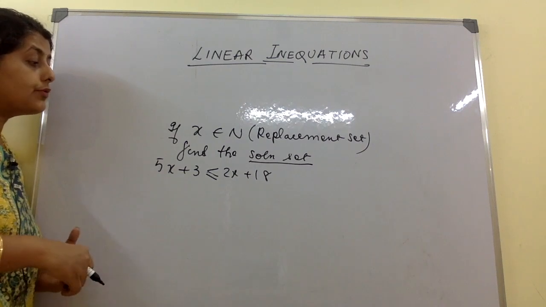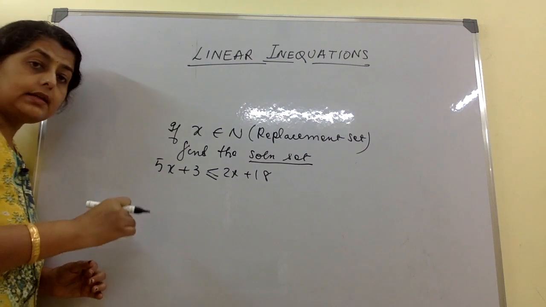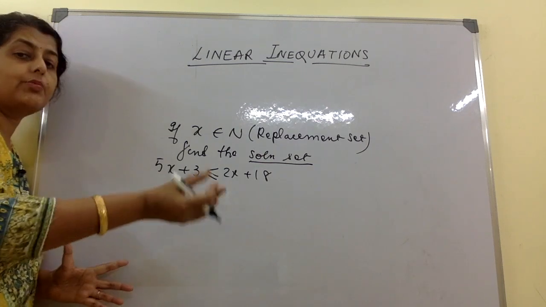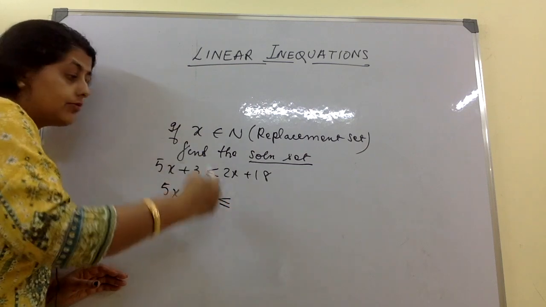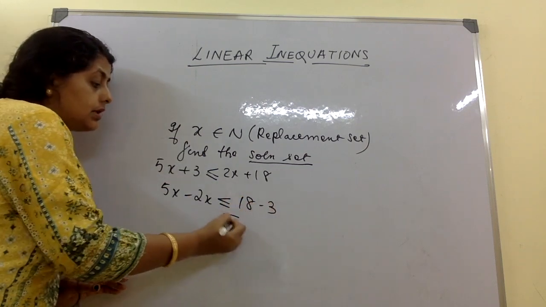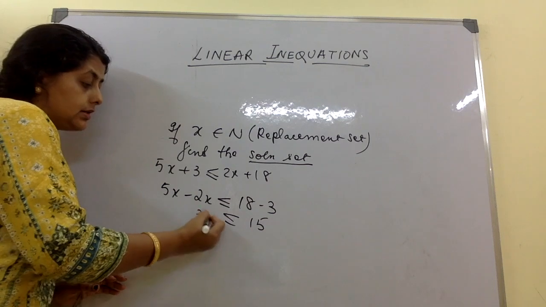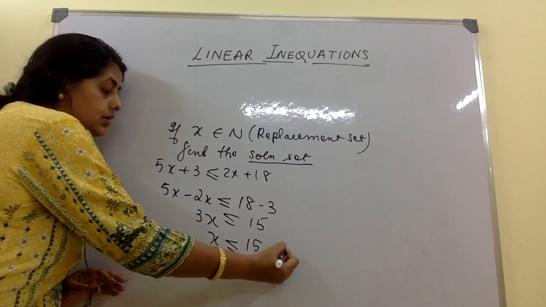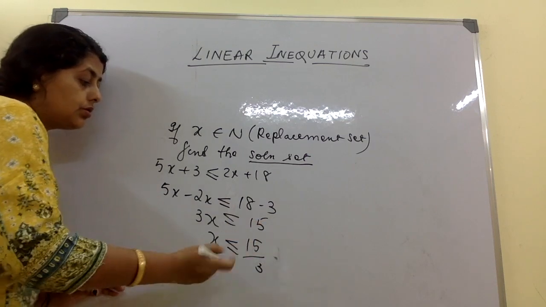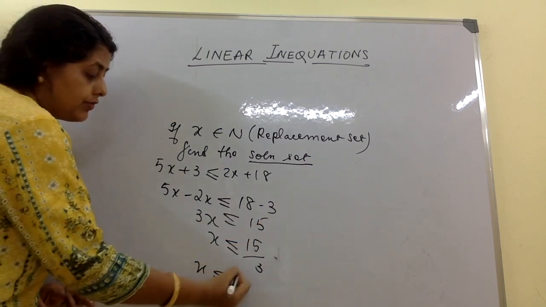So first thing is we will treat this exactly like a linear equation, which means we'll bring all x's to one side. This is what we were doing for linear equations. 18 minus 3 is 15, and this side is 3x. Now 15 by 3, so x is less than or equal to 5.